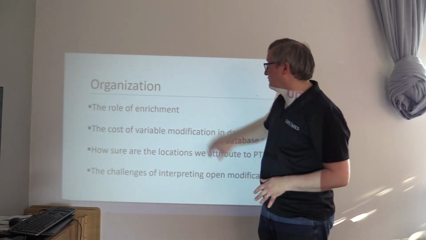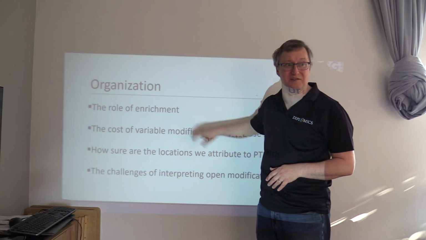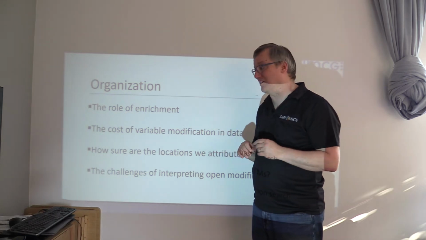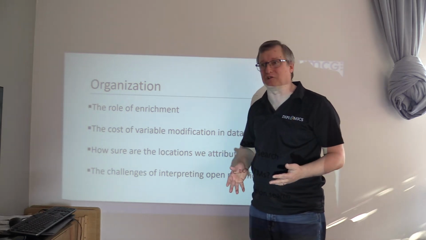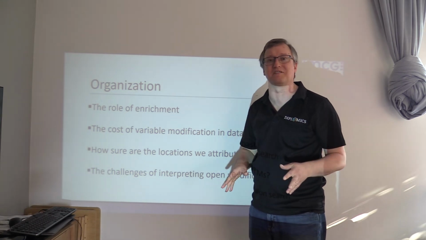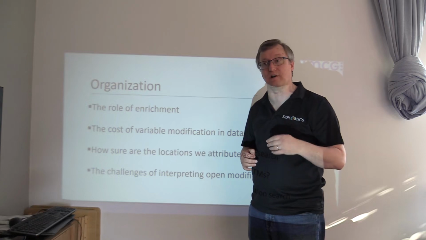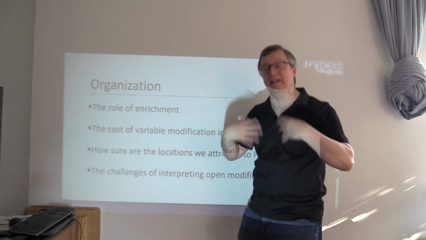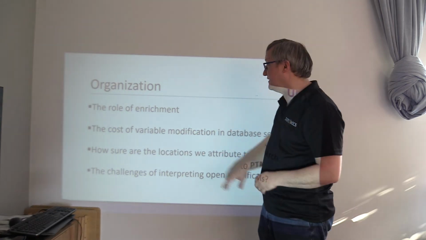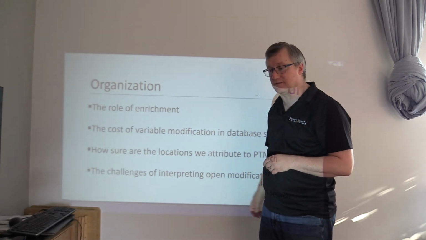I'm going to start with the role of enrichment because there's very few samples that are so dominated by post-translational modifications as they're just released from the cell. We need to talk about how we can enrich for it, create samples that are highly concentrated in modified peptides for a wide variety of circumstances.